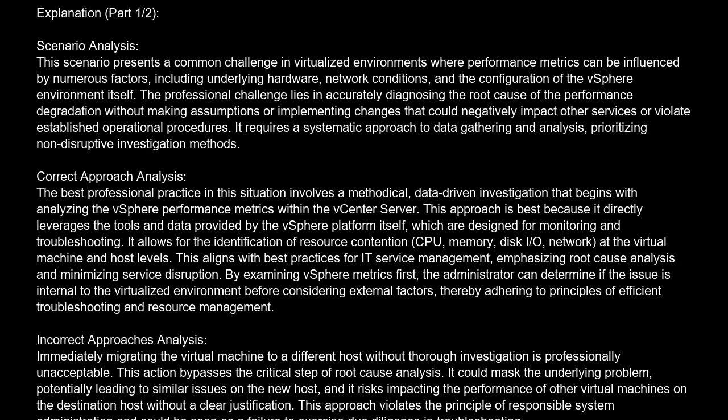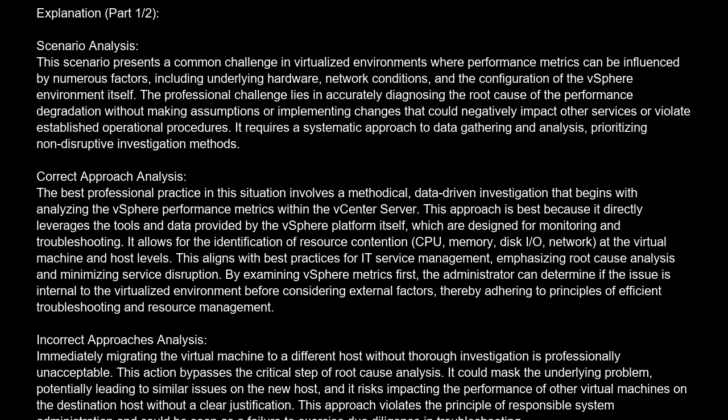The professional challenge lies in accurately diagnosing the root cause of the performance degradation without making assumptions or implementing changes that could negatively impact other services or violate established operational procedures. It requires a systematic approach to data gathering and analysis, prioritizing non-disruptive investigation methods.